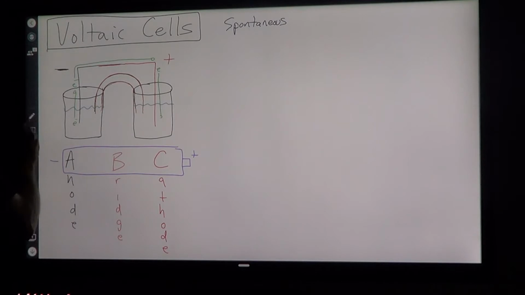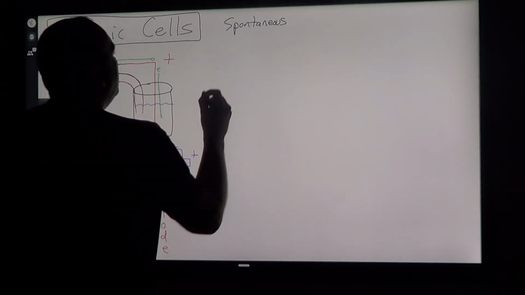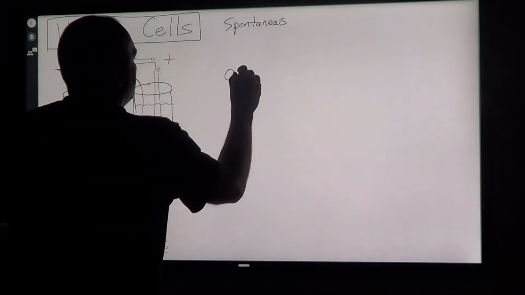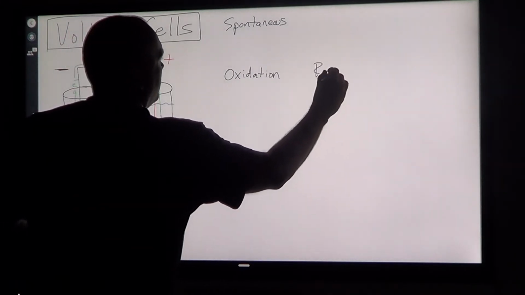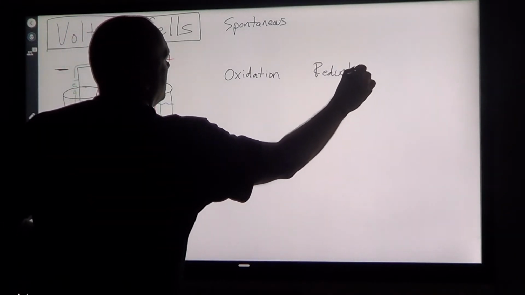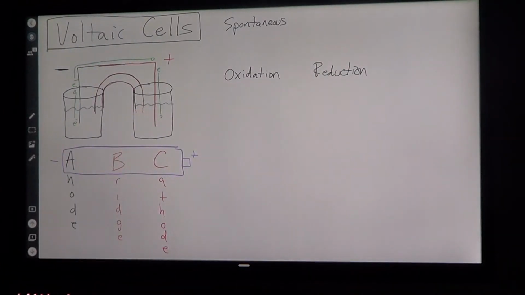Now part of that, and the reason why I learned it like this, my teachers taught me that, and if you remember from last unit, we have oxidation and reduction half reactions.